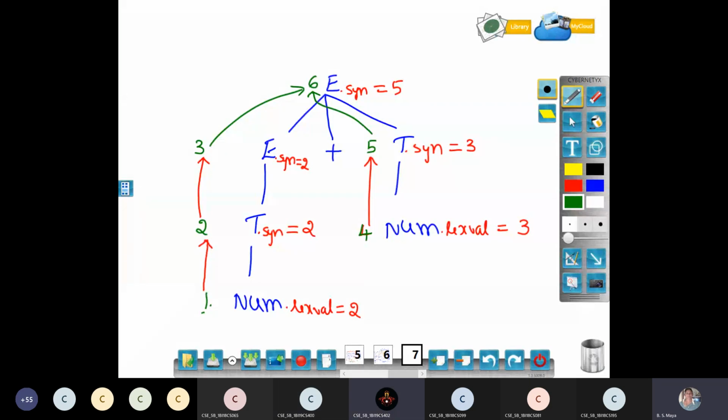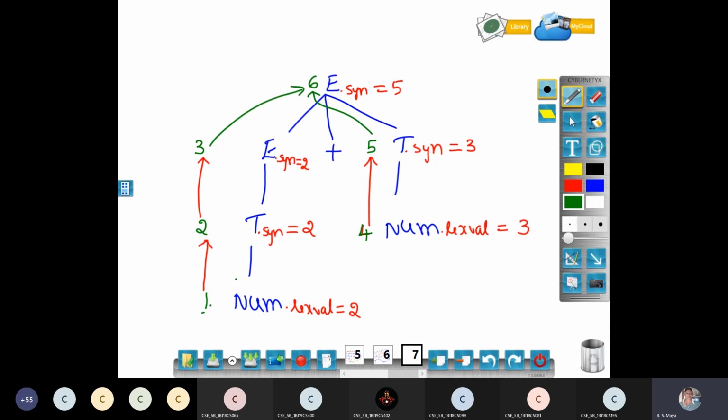Any doubt? Okay. Now this tree you have to write like this only. You have to use something dark, bold, but you should clearly identify what I am showing. See, all the blue color lines, what I am writing in blue, is called your parse tree.